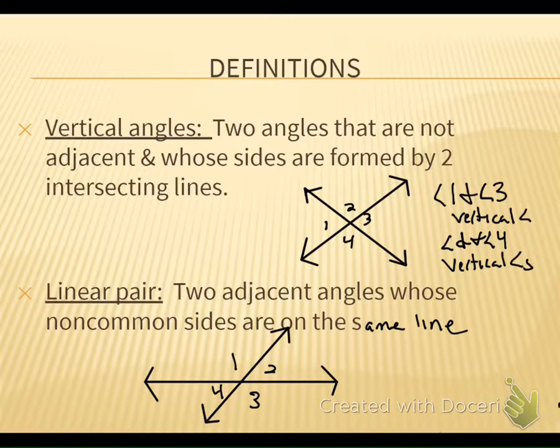Okay, so I have another teacher that talked to me about how she teaches this. She teaches it as 2 fish kissing. She thinks that sometimes that visual helps students. So you could see that you had a fish here, and a fish here.